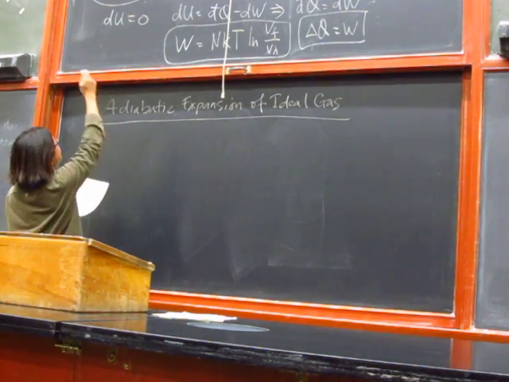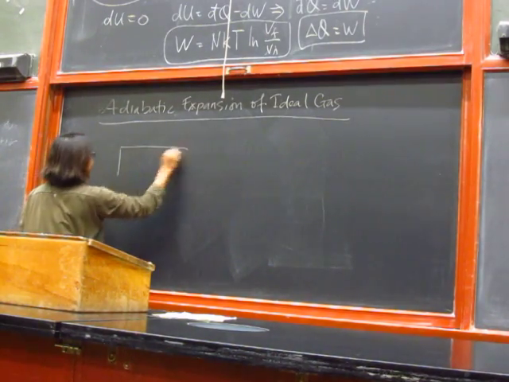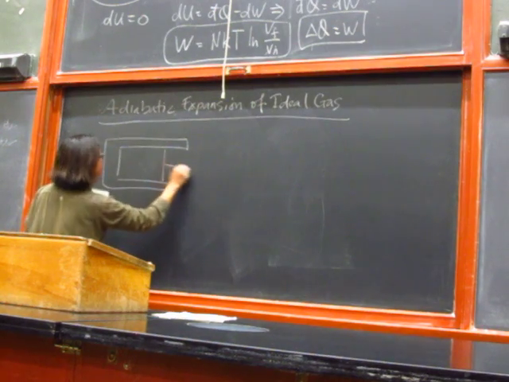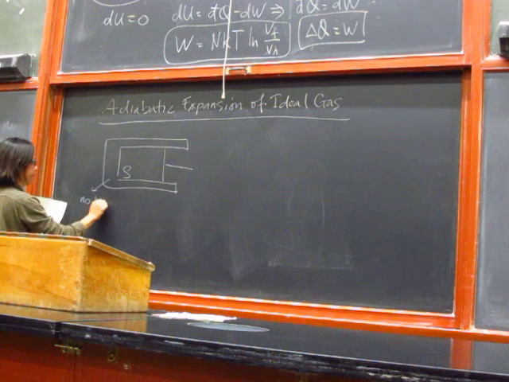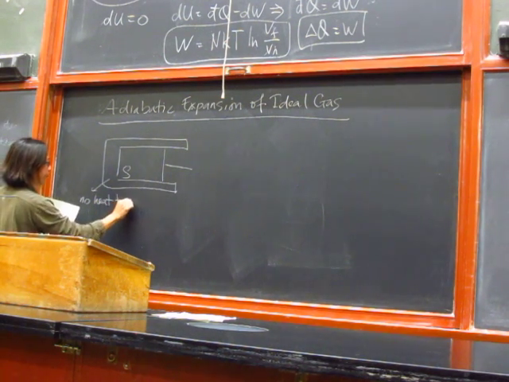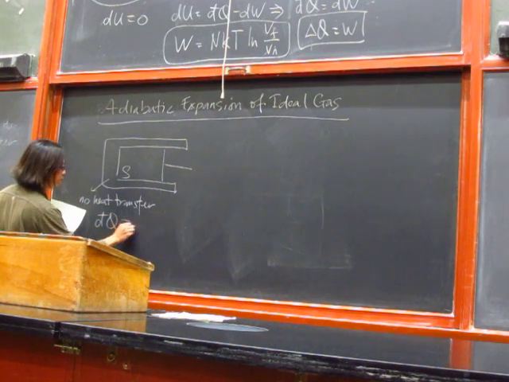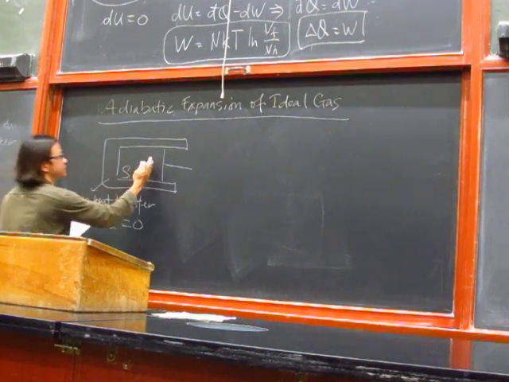In this case, instead of having the system inside the heat bath, you actually isolate the system. There's no heat transfer, so dQ is 0 always. That's the definition of adiabatic, though it's not the exact meaning of the word. And then you do this expansion.